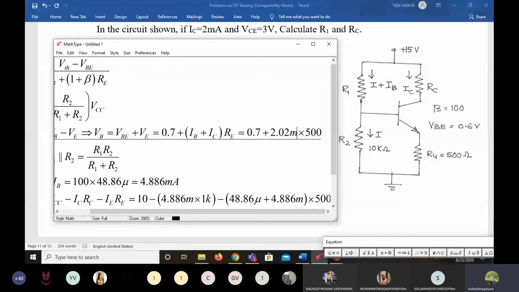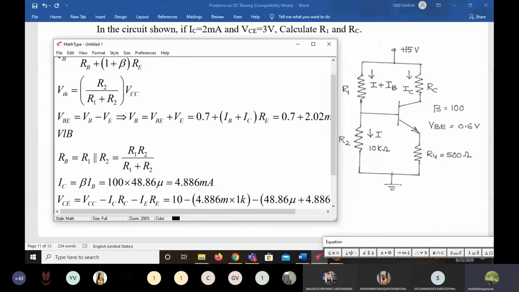So 2.02 milli into 500 gives 1.01. So 0.7 plus 1.01 is equal to 1.71. 1.71 is the VB. VB is nothing but VThevenin.